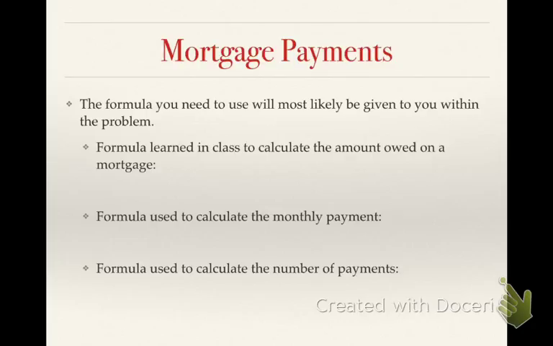But these are the formulas that we learned in class. These are not given to you. However, if you're one who loves to memorize formulas, this might be a good one to just know. But you do not have to memorize this.